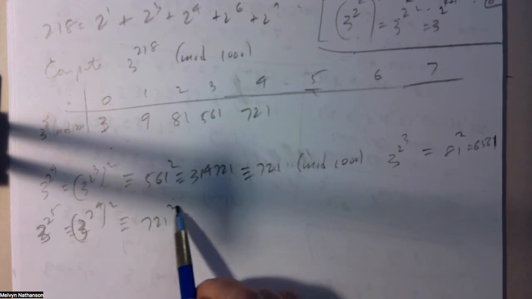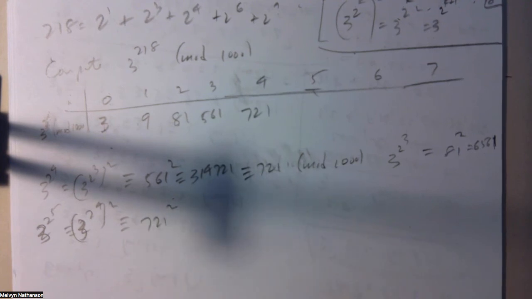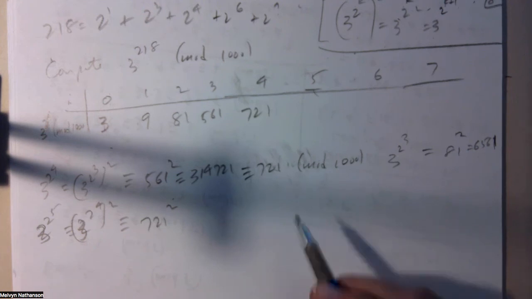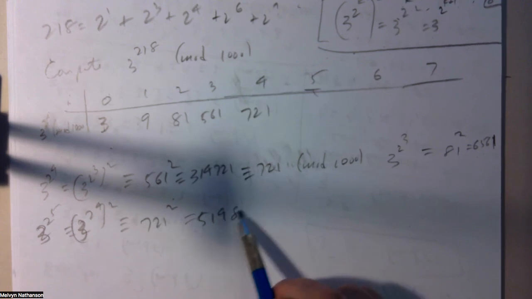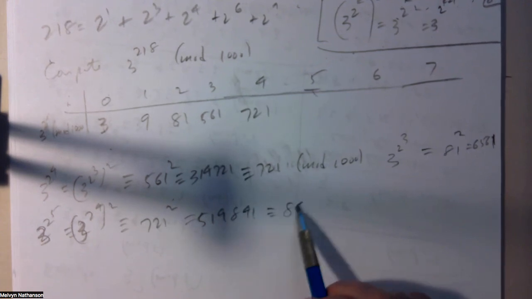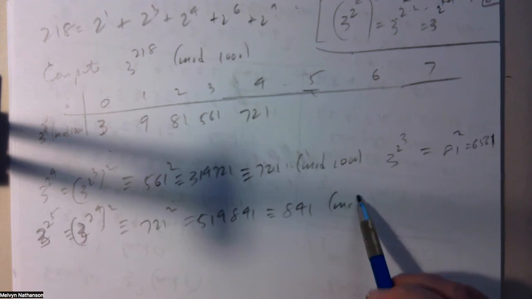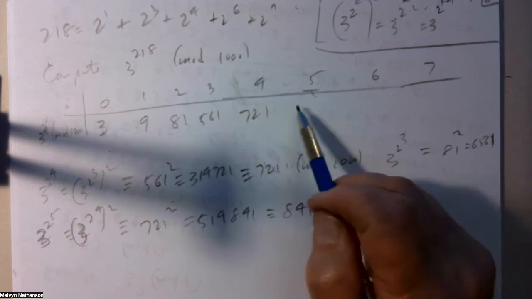That's 721 squared. My calculator says that 721 squared is 519,841, which is congruent to 841 mod 1,000.